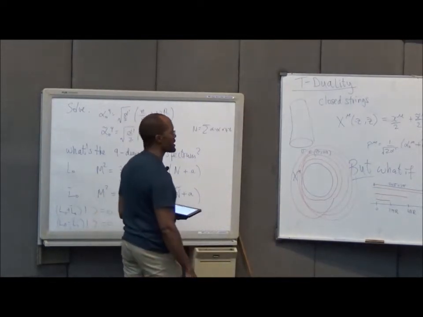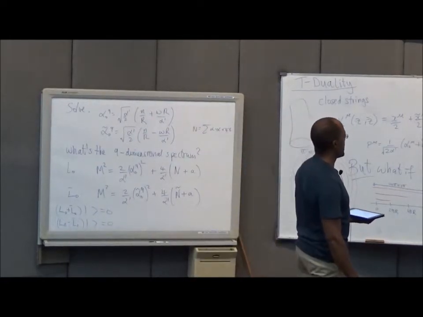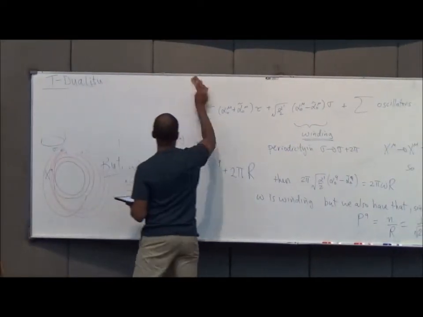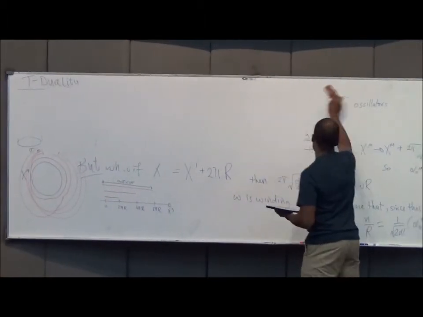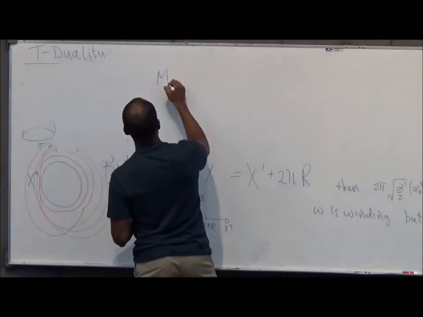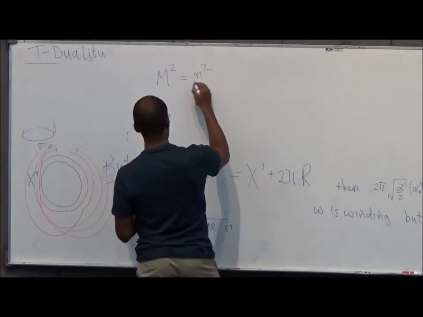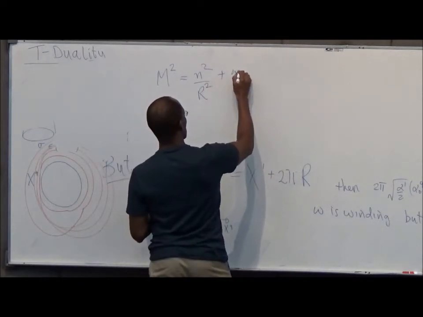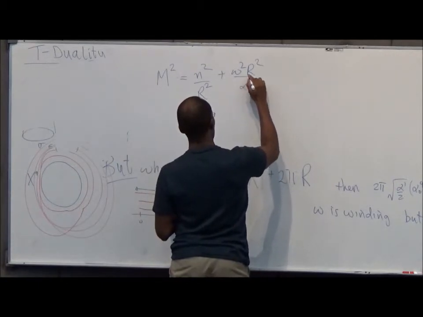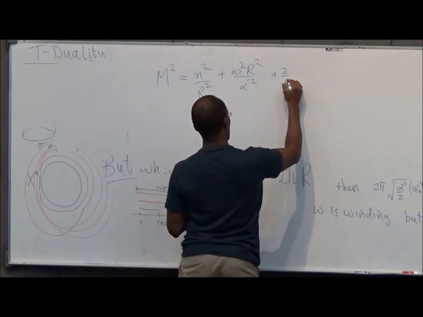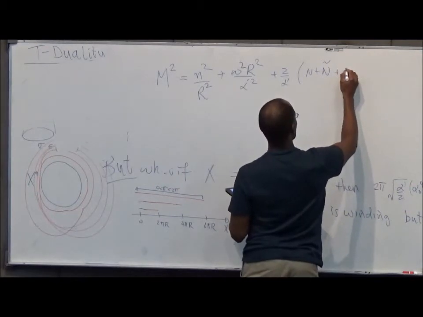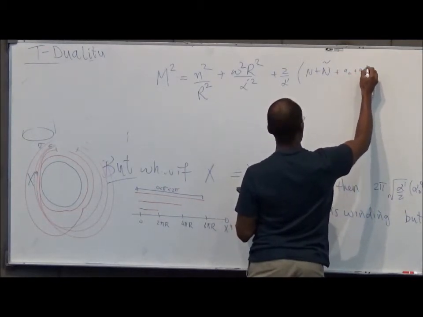If you do that, let me move to a new board. Won't need this anymore. Let me move to a new board, and what we're going to do is we're going to get something rather nice. I get m squared is equal to n squared over R squared plus omega squared R squared over alpha prime squared plus 2 over alpha prime N plus N tilde plus a on the left plus a on the right.